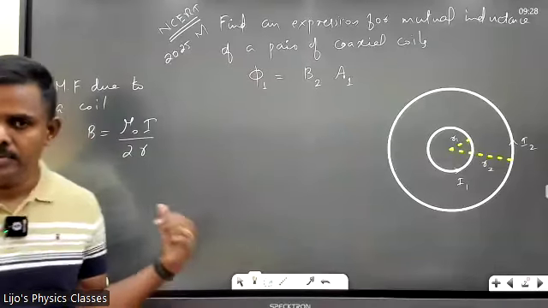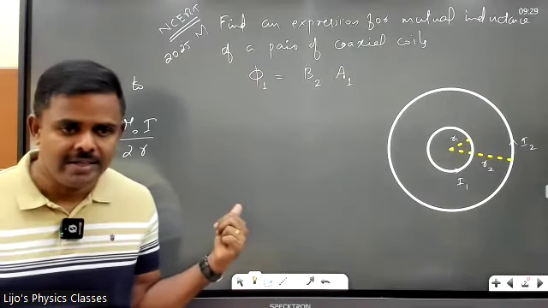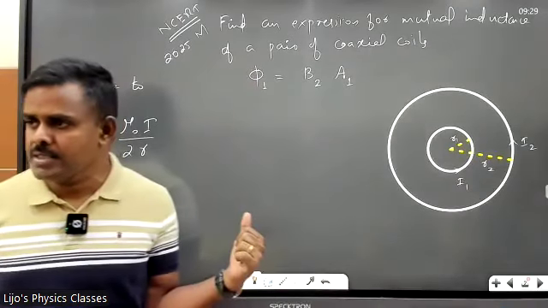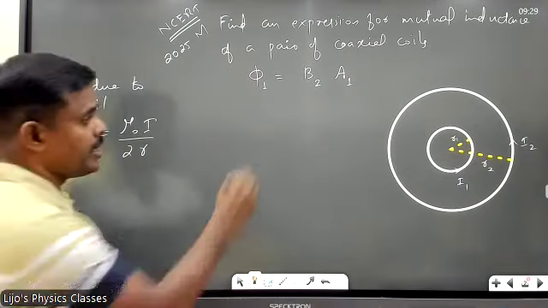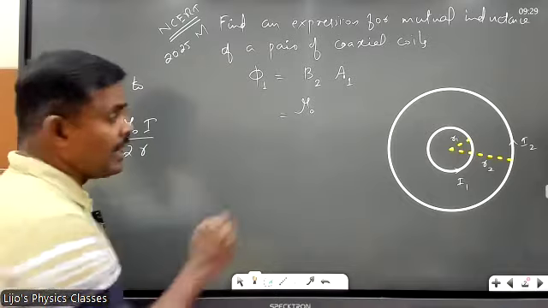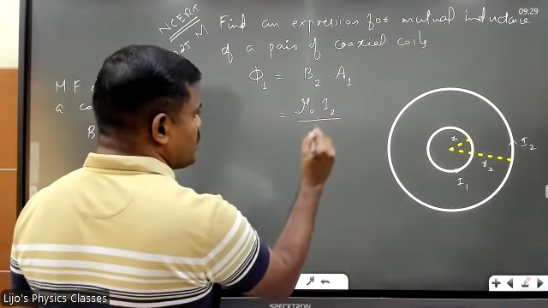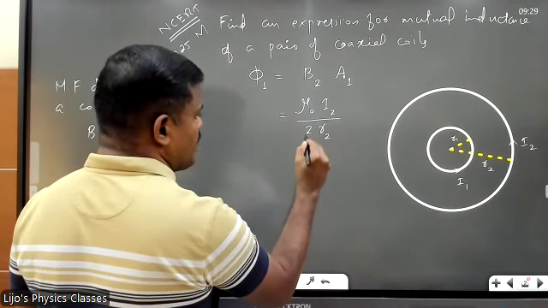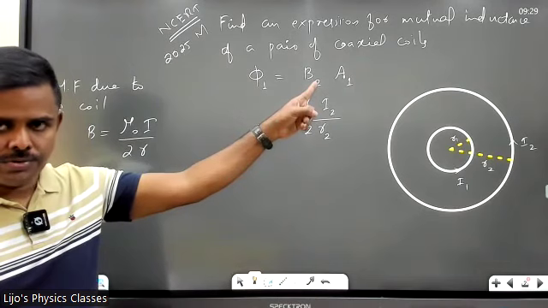Magnetic field due to a circular coil is mu 0 I by 2R. So I'm putting it right into this: mu 0 I2 divided by 2R2. Why 2's everywhere? Because I'm finding the magnetic field of 2.